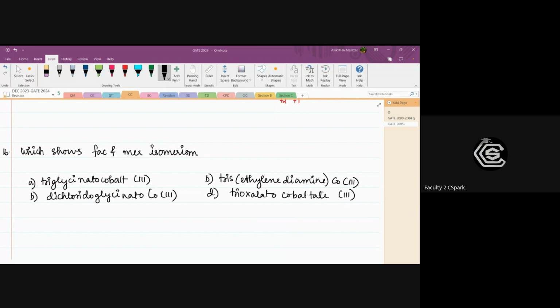What is the donor atom of glycine? Where do 3 donors come in? Ethylene diamine 3 means they are not asymmetrical. Tris ethylene diamine cobalt 3, option D.